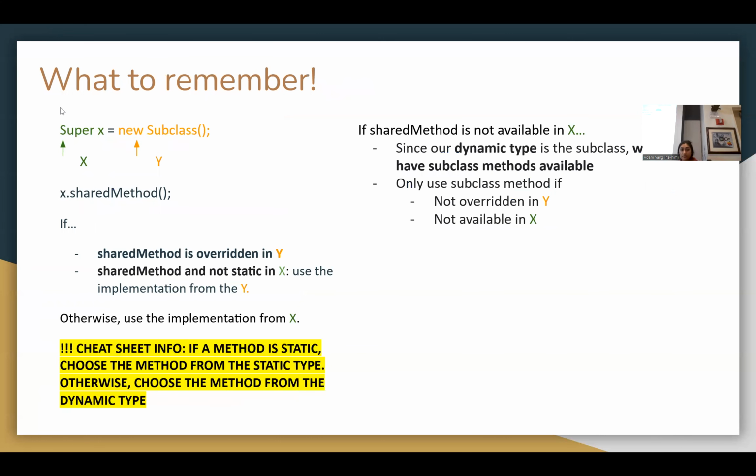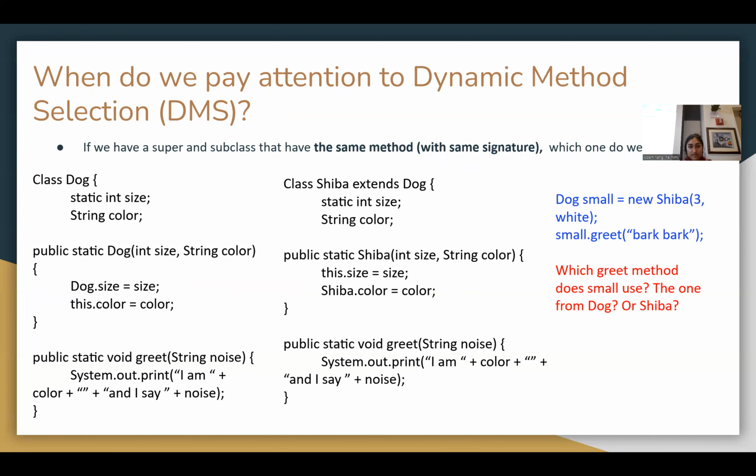So here's the rule with DMS. If you have a superclass and a subclass, or if your static and dynamic type are different, and in both classes, the superclass and the subclass for which you're declaring the object, they share a method, a good example of this would be here.